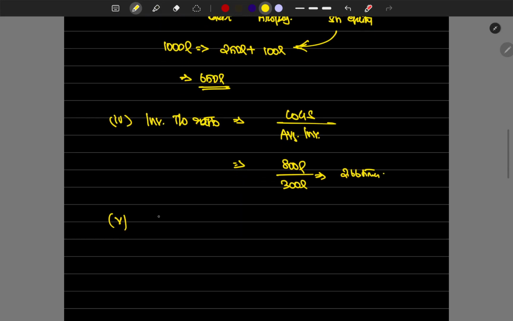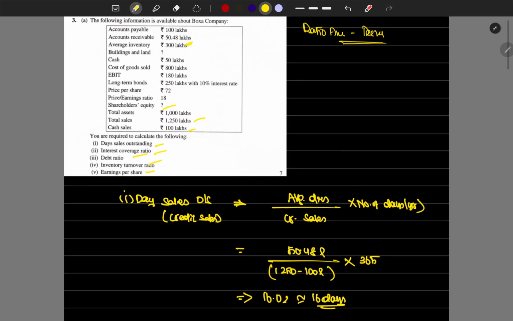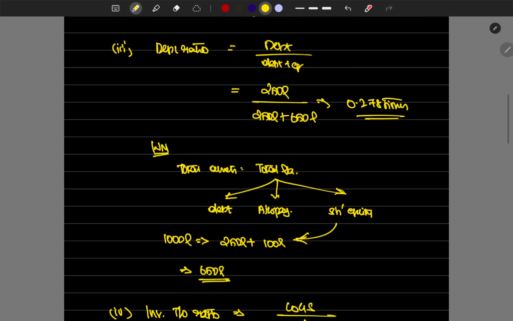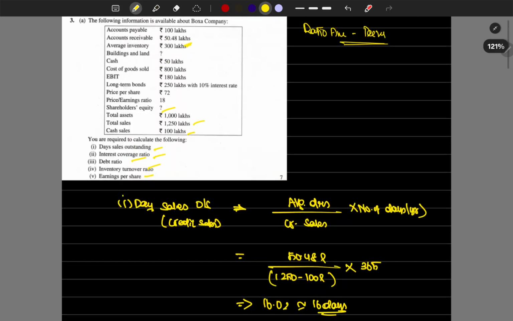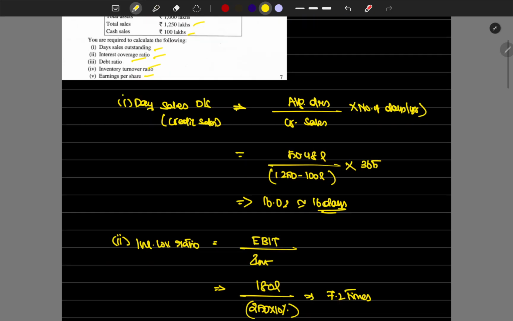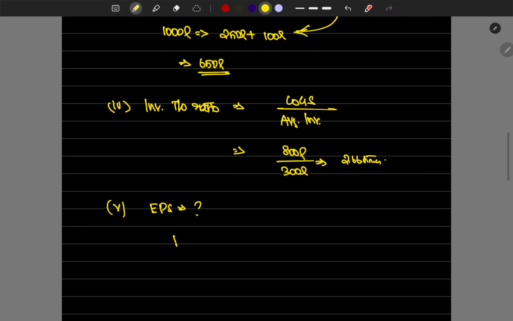The last one is earnings per share, EPS. They asked us to find out EPS, but we don't have any values related to that. We can find the EPS through the PE ratio. PE ratio is equal to market price per share divided by earnings per share.